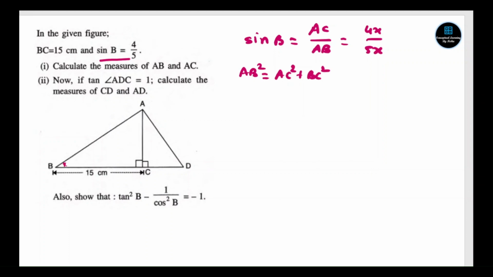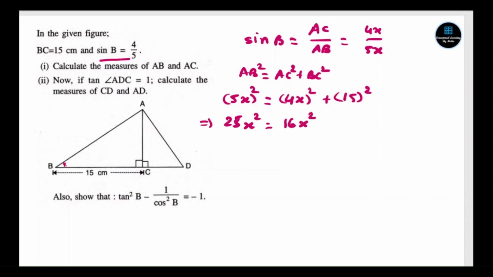AB is 5x we have taken, so 5x whole square equals AC which is 4x whole square plus BC which is 15 square. Now when we simplify this, I'll get 25x square equals 16x square plus 225.